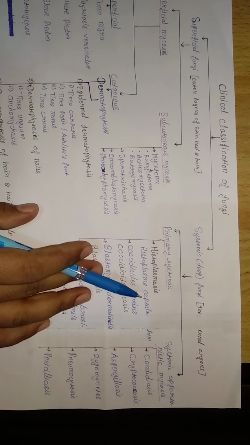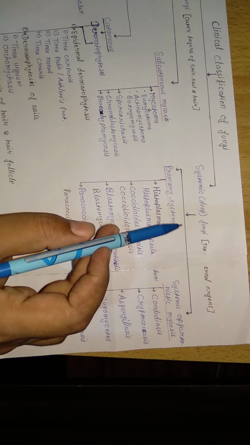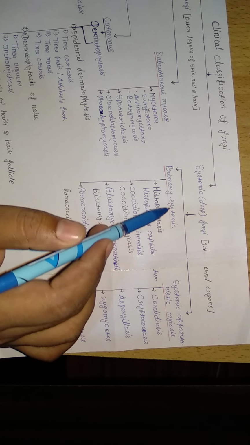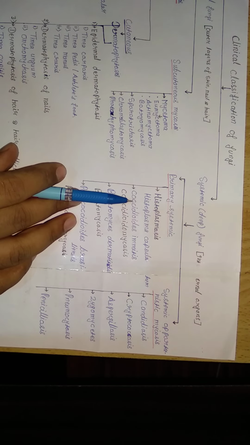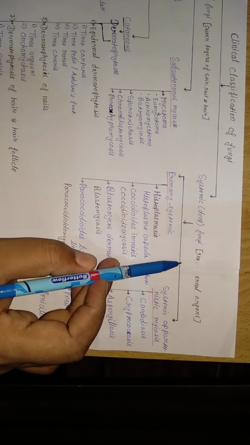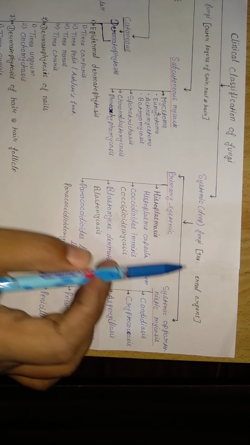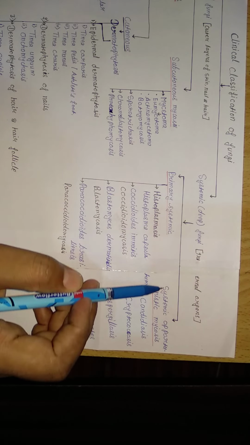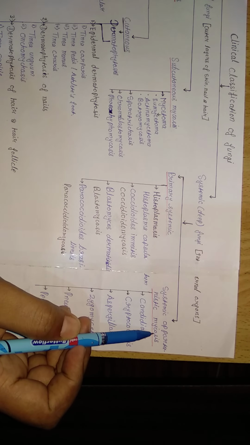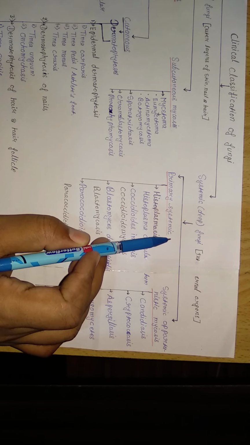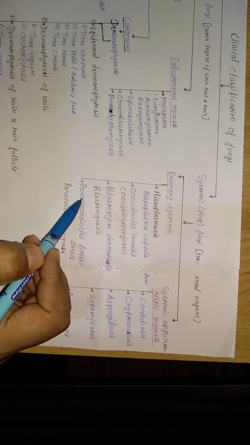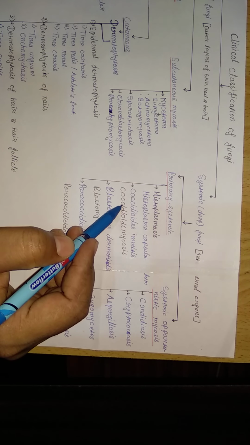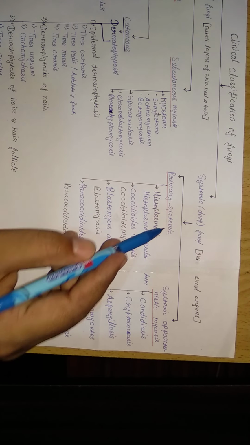So now guys, I am going to shift to the other topic, systemic or deep fungal infections. I already told you, these are the internal organ infections. This is divided into two types. One is the primary systemic and the other one is the systemic opportunistic mycosis.